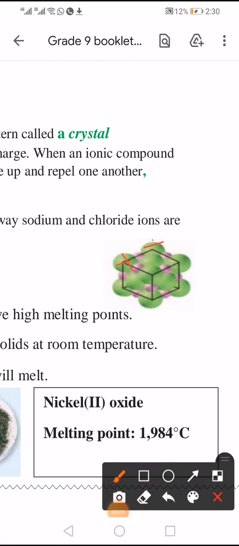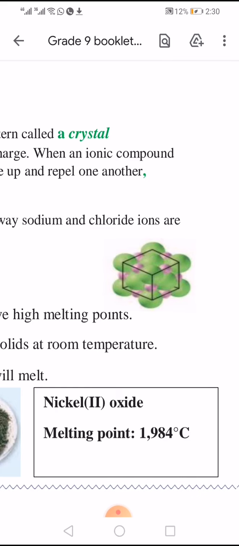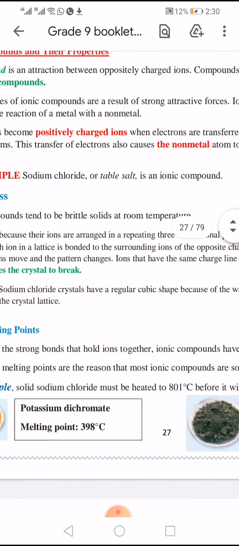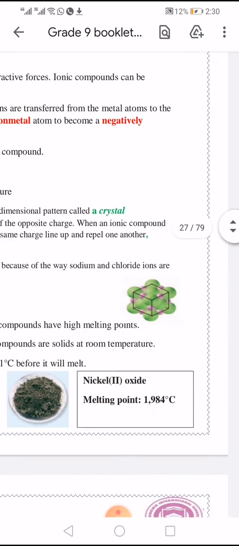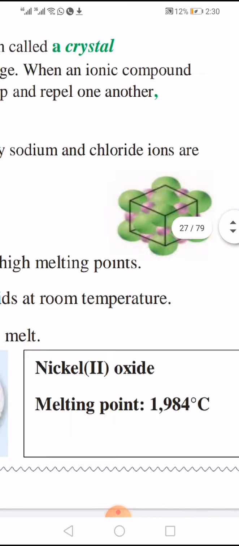For example, this is a positive ion. When it is hit, what happens to this ion? It will rearrange. When an ionic compound is hit, the ions move and the pattern changes.